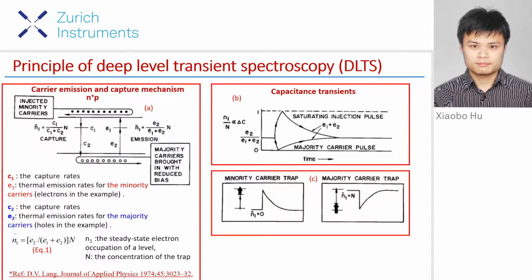Deep level transient spectroscopy, DLTS, is a very useful technique to detect defects in semiconductor devices such as solar cells and LEDs. By DLTS, the properties of defects such as defect type, defect energy level, defect density, etc. can be obtained. In order to explain DLTS, we must first consider the more basic problem of capacitance transients.